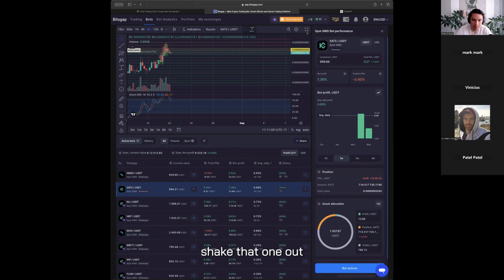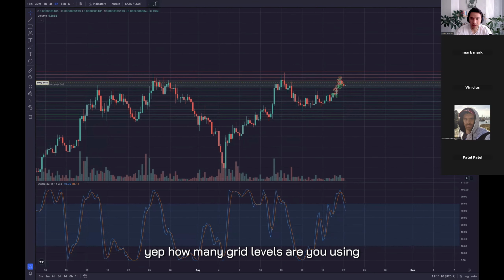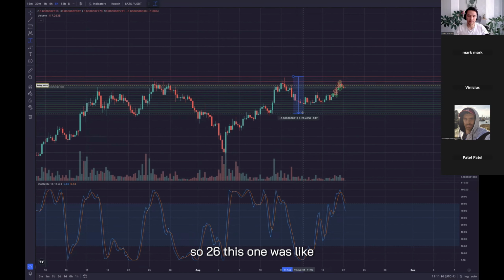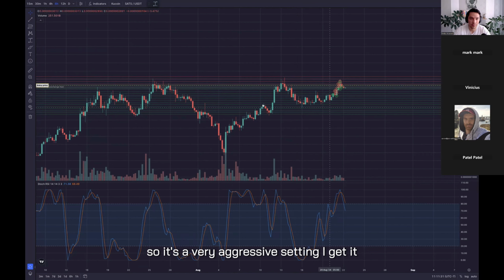Let's check that one out. How many grid levels are you using, and what is the grid range? 26. This one was pretty much maximized for optimal returns on the backtesting. So it's a very aggressive setting. I get it.